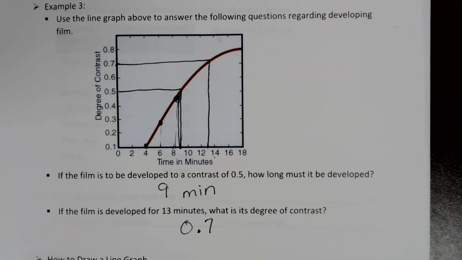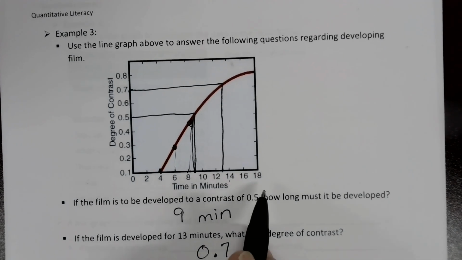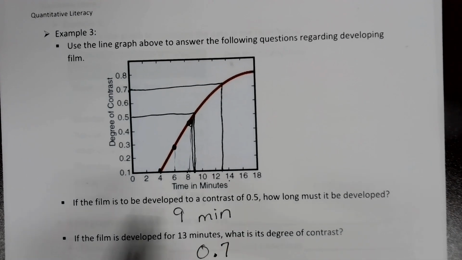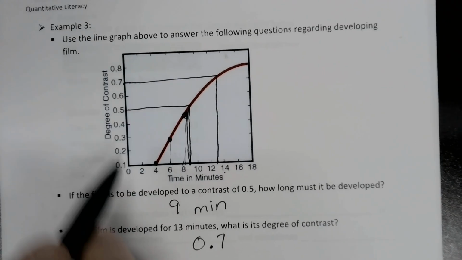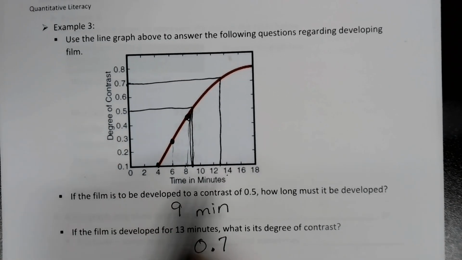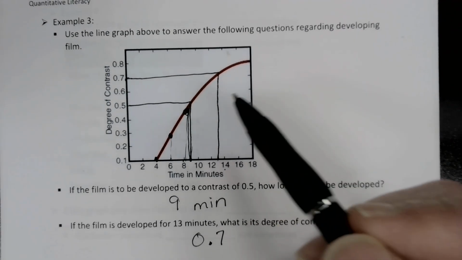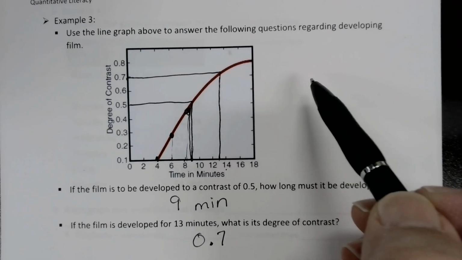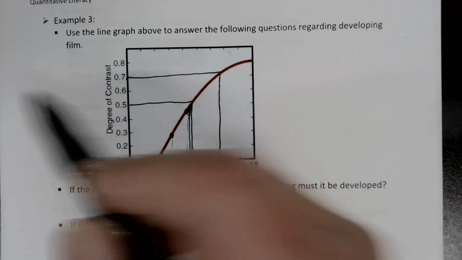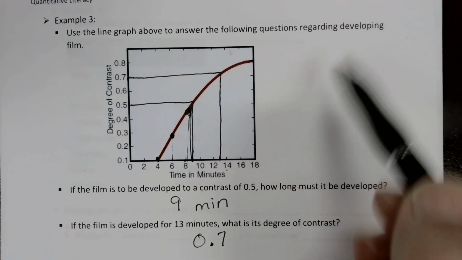And you just use this to answer questions. Time is usually on the horizontal line, and then whatever you're comparing for the time is on the vertical line. So the degree of contrast is on the vertical line. And this didn't have a title, but it says regarding developing film, so you could have put film development as the title.